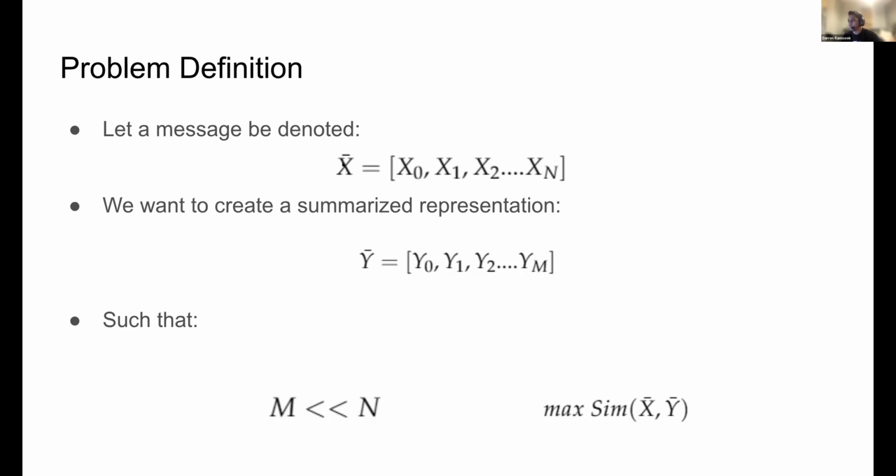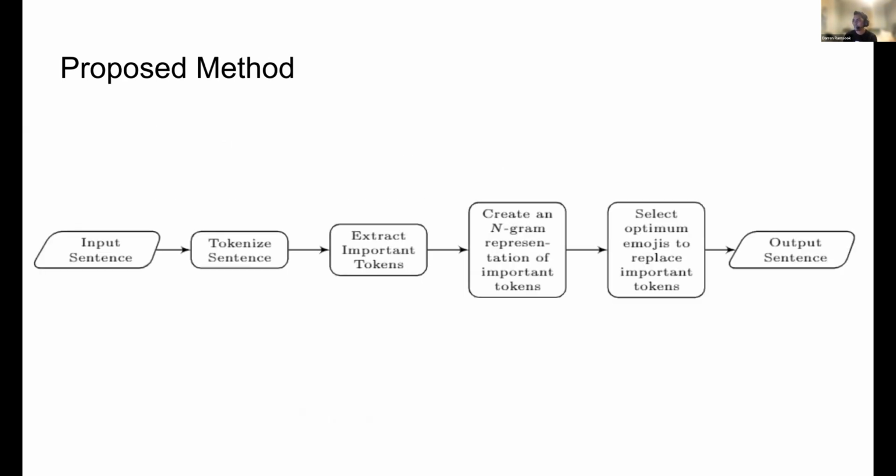So what we want to do is take this X bar and create a summarized representation Y bar of length m, such that m is less than n, and that some similarity score between X bar and Y bar is maximized. So basically we want to get a short version of X bar, and we want to ensure that the similarity between the summarized representation and X bar, the original message, is sufficient.